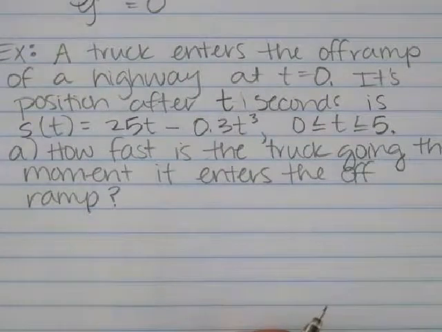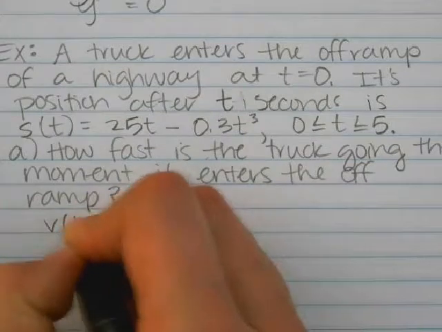If I'm asking how fast is it going, am I talking about the position of the truck? No, what am I talking about? The velocity. How fast is it going? That's the rate of change, the velocity. I'm not asking how fast it's slowing down or how fast it's speeding up. I'm just asking how fast is it going the minute it exits the ramp, okay?